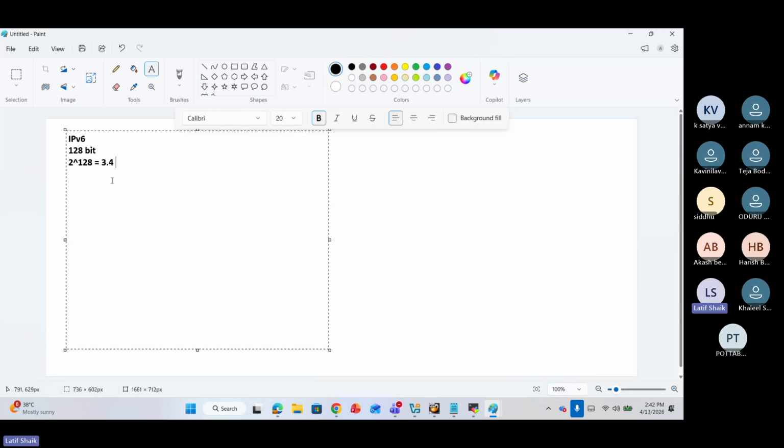If you write it like this, total size is 3.4 into 10 to the power of 38. That is the total number of IPv6 addresses.